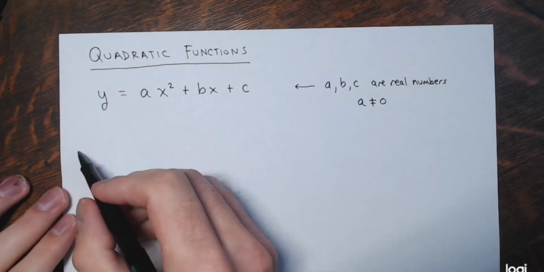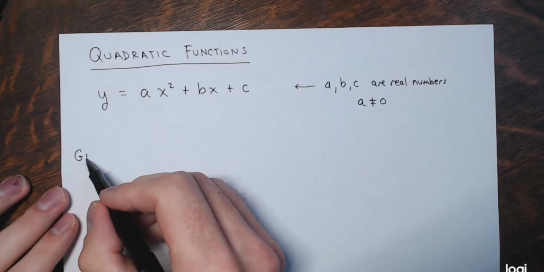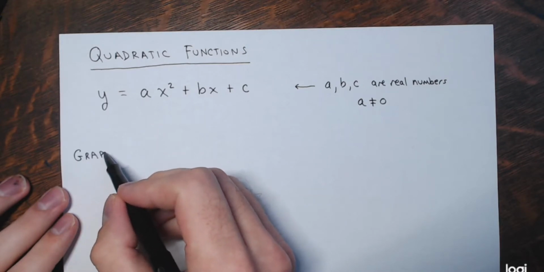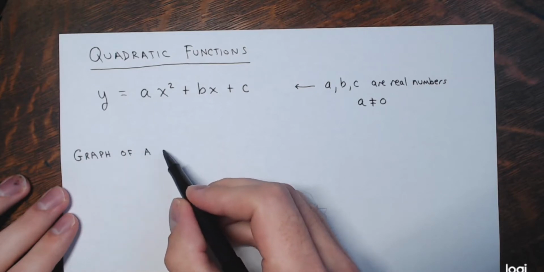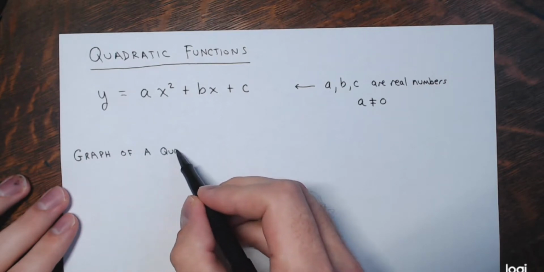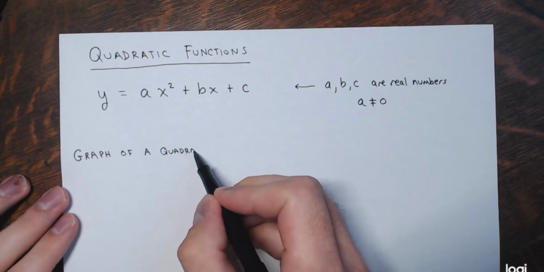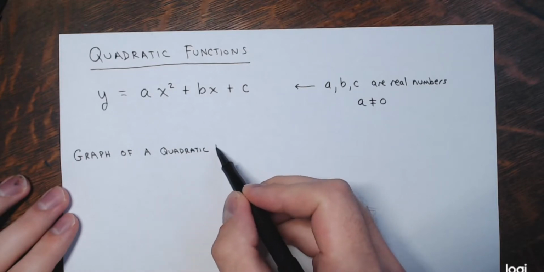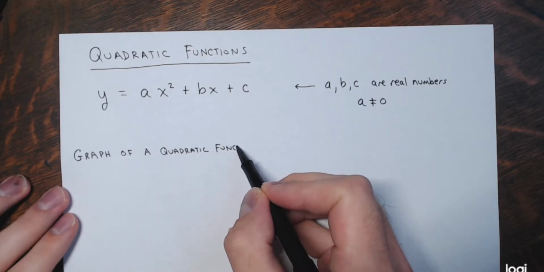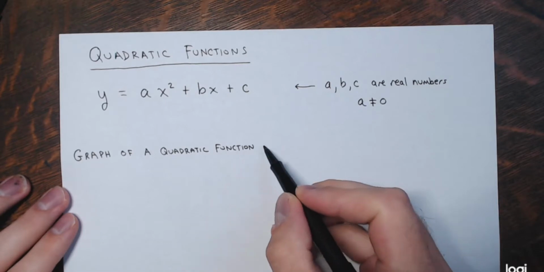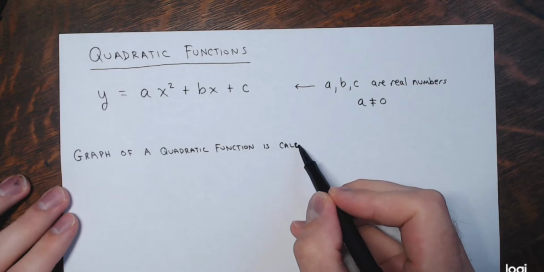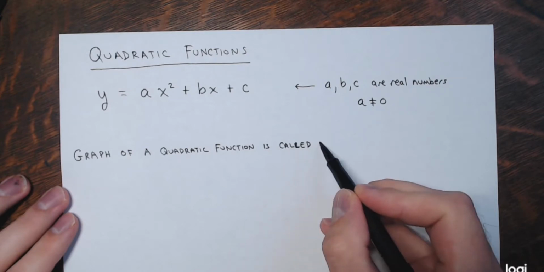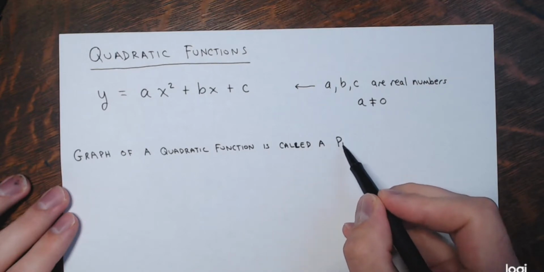Alright, so the graph of a quadratic function is called a parabola.